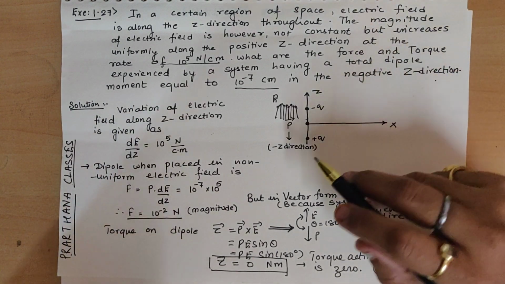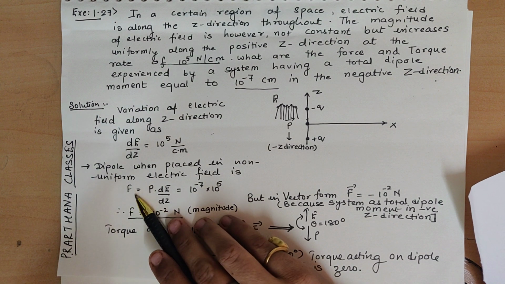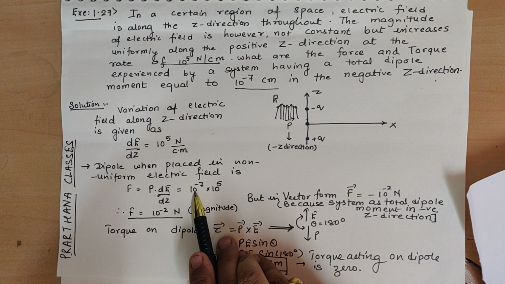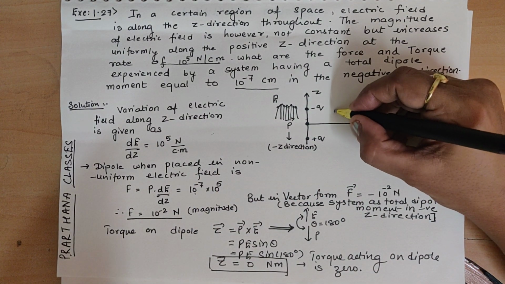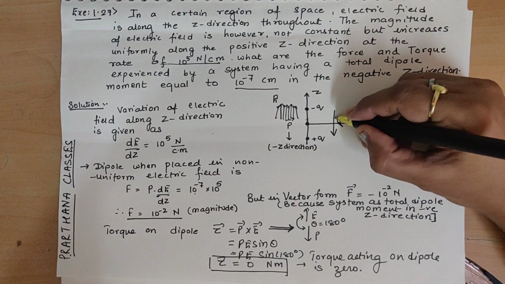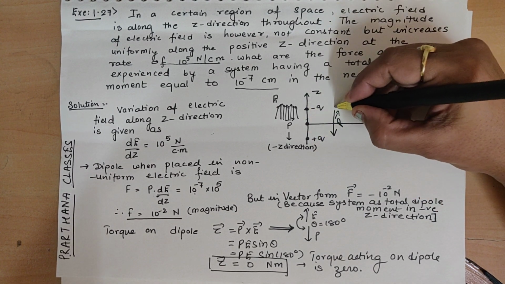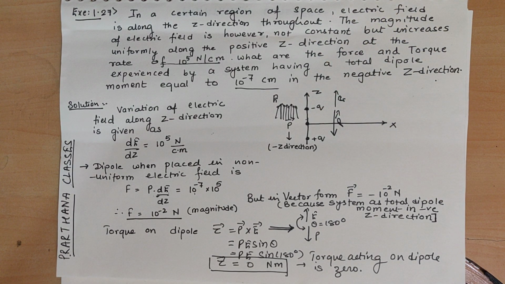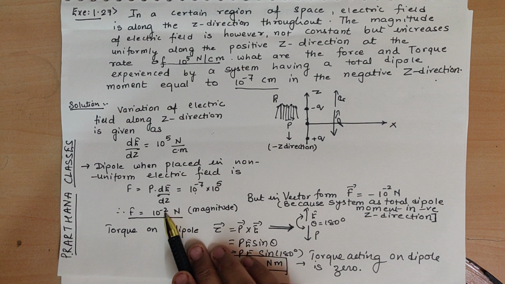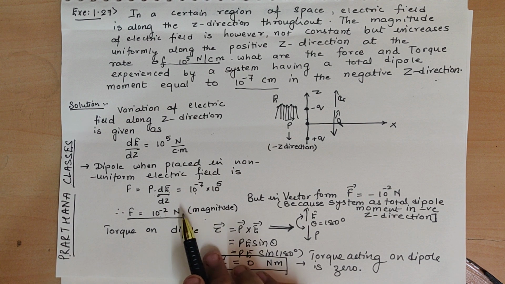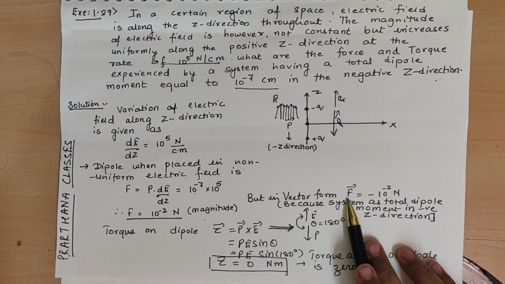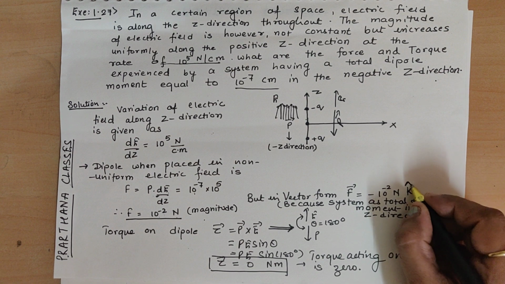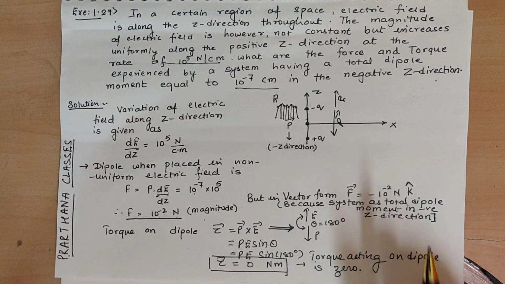So with this we have found out the force, that is P into dE upon dz. P is given to us as 10 raised to minus 7, and it is in this direction. Dipole always moves from what? Negative to positive. Electric field is in which direction? Along positive z direction. So this will be 10 raised to minus 2 Newton, that is magnitude wise. And if we want to write in the direction form, you can write minus 10 raised to minus 2 Newton, which direction? Minus z. So you can keep k cap as a unit vector there.